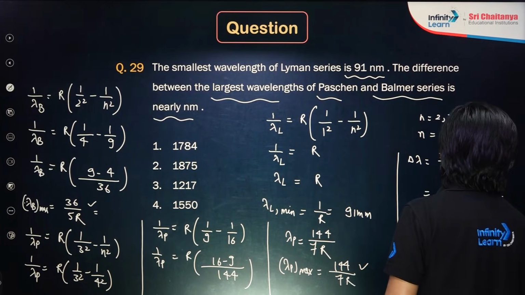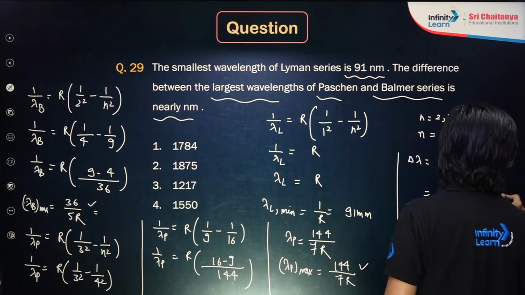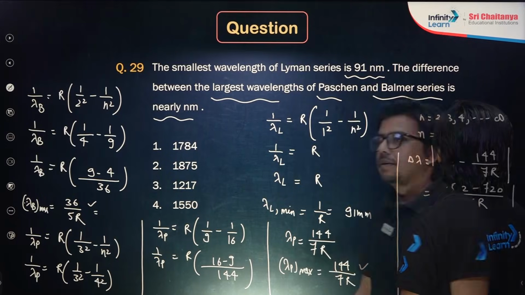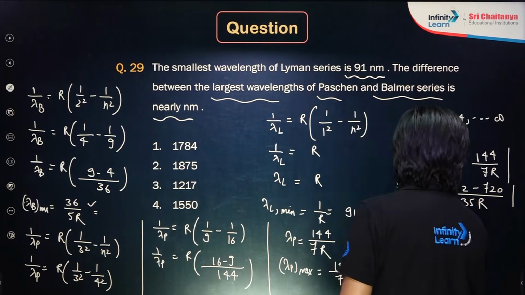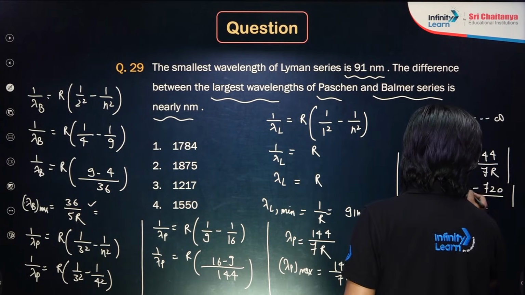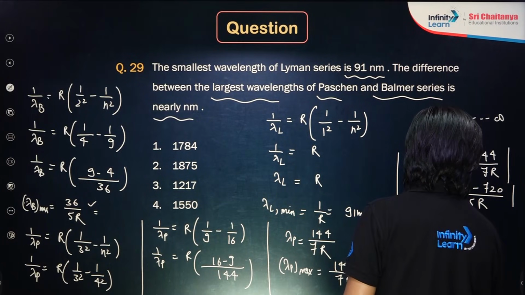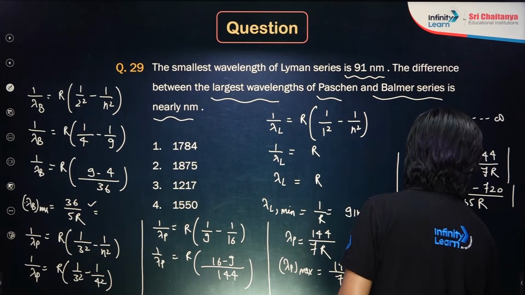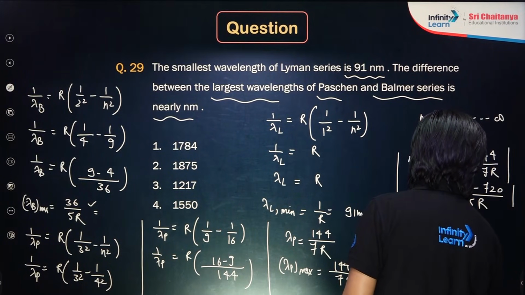Taking 35R as the LCM, we get 252 and 720. I just want the difference, so let me put a mod around it. Now write 720 minus 252. This comes out to be 468, divided by 35 divided by R.